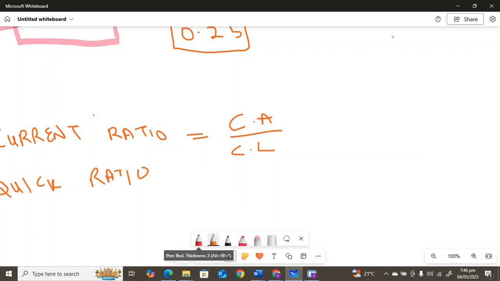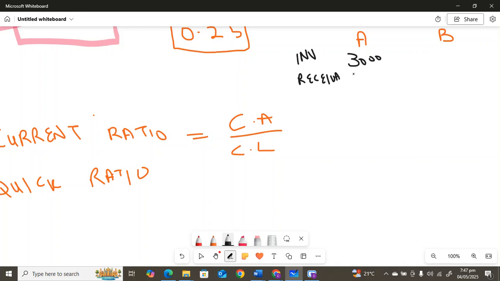Let's say this is company A, and we have company B. Let's say inventory. Remember our current assets. We've got inventory, let's say 3,000. We've got receivables, the money that's being owed to us basically.